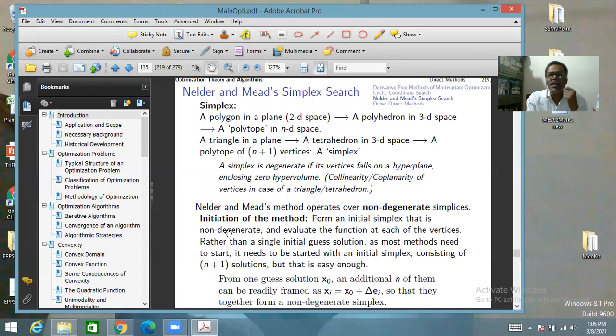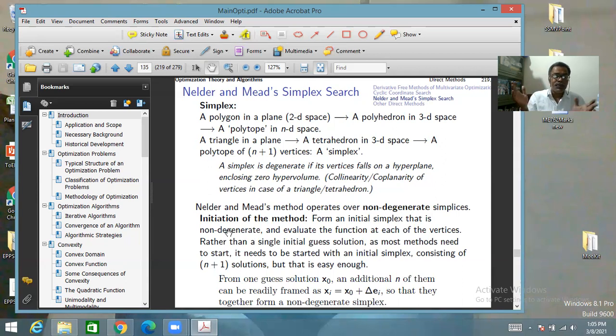So how do you initiate the method? Since the algorithm operates with a simplex, rather than giving one starting point, one initial solution, you have to give an initial simplex, which is non-degenerate. On the way also, all the iterates will have non-degenerate simplices.